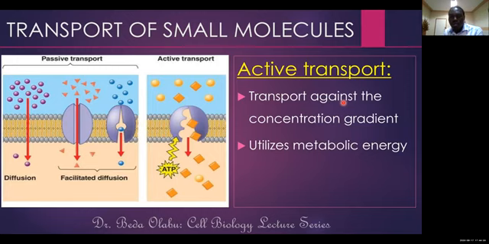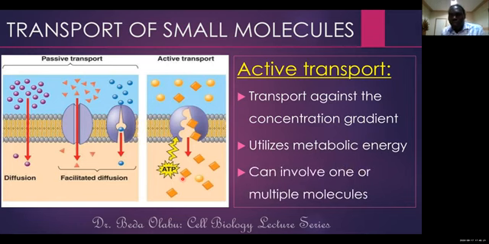If you have to move a molecule from where it is more to where it is less, you don't need energy. That would be diffusion. But if you have to move a molecule from where it is less to where it is more, you need some energy. That would be active transport. When we talk about active transport, we want to know the number of molecules being transported.